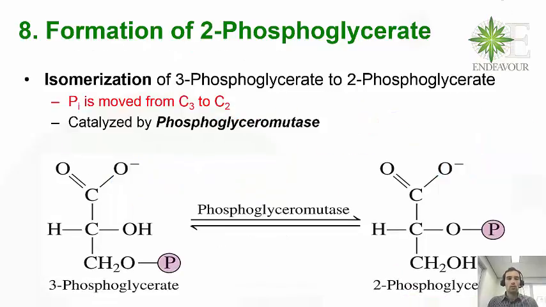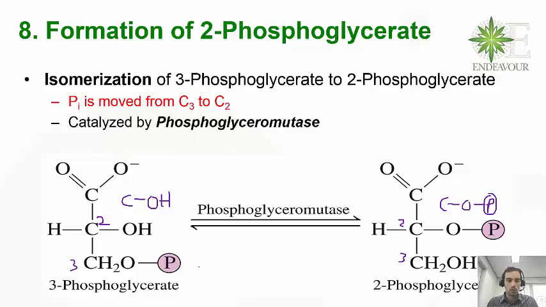So the next reaction is another isomerase reaction. Basically what we're doing is moving the phosphate from the C3 carbon, which is here, to the C2 carbon, which is here. So we're just switching what these carbons are attached to. On the left-hand side, the carbon is attached to an OH, but on the right-hand side, the carbon is attached to an oxygen and then to a phosphate.